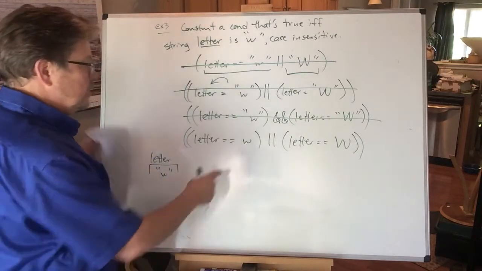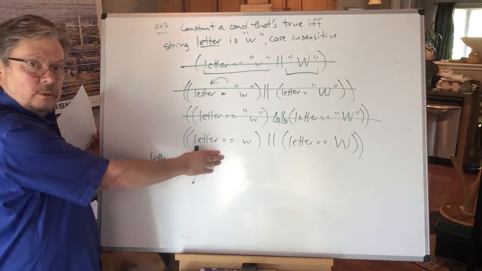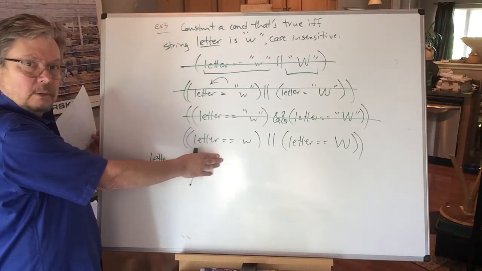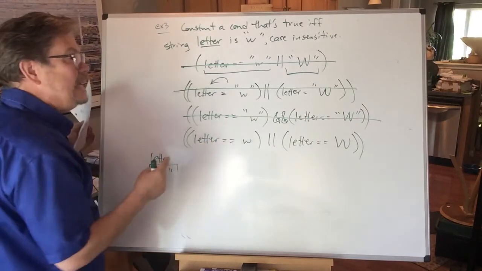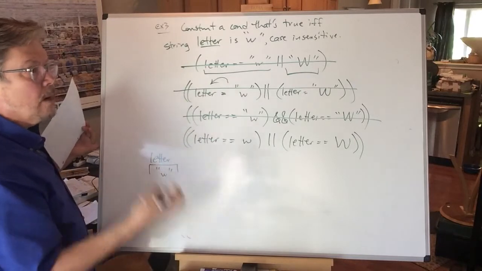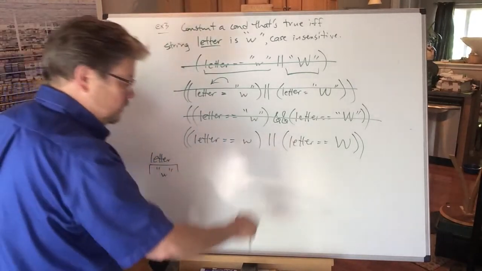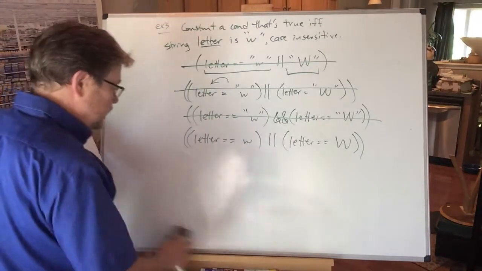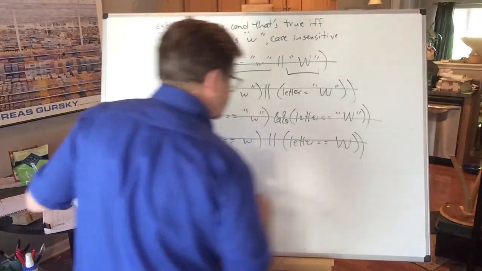And unless the value of variable lowercase w happens to be lowercase w, that condition won't be true. It's probably not what it's going to be anyway. But this is wrong. This is not checking to see if letter is a w, a literal w. That's got to be enclosed in quotes. Same thing for the uppercase w. In other words, another one bites the dust.